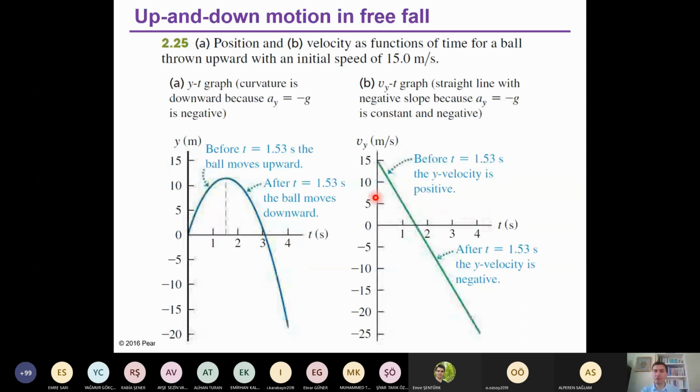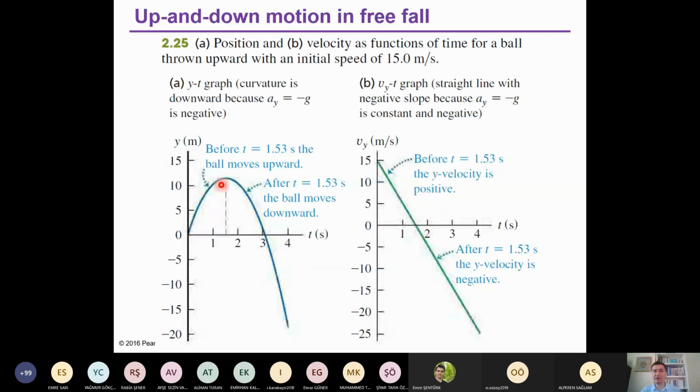It means that the particle is moving along the positive y direction. So after some time, the velocity decreases, but again, it is a positive number. It means that the particle is still moving along the positive direction, but the velocity is decreasing. Look at the curve here.